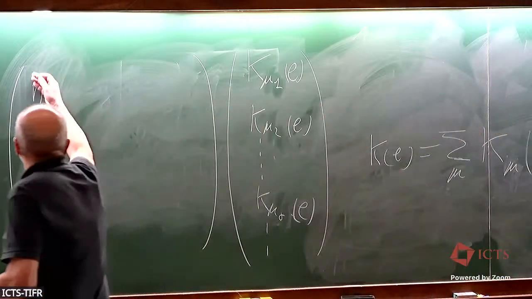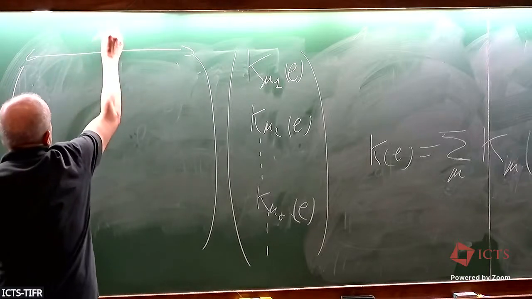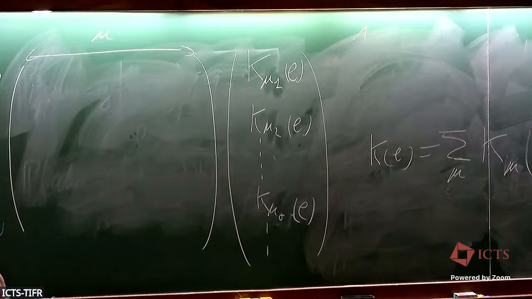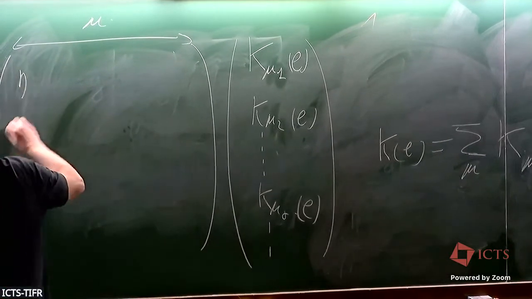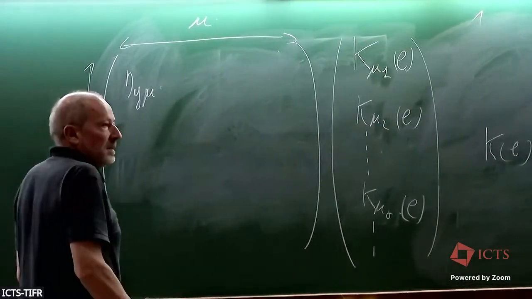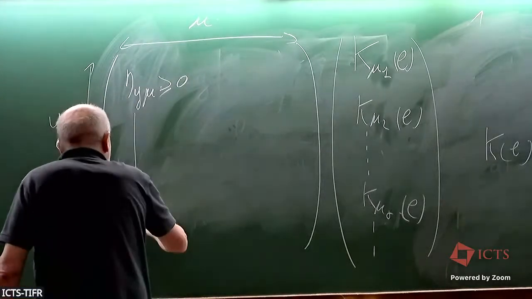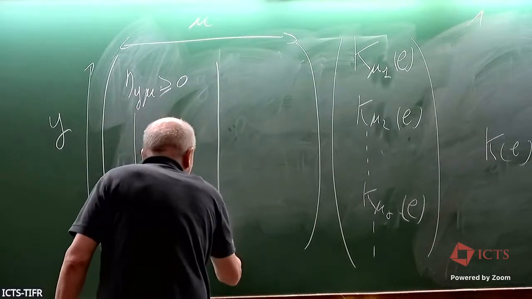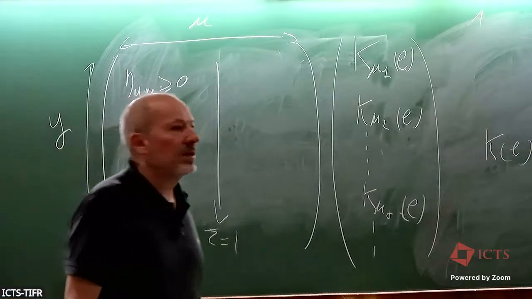And here I have a matrix where here I have mu, and here I have y, as dimension. And here I have elements which are eta of y and mu. These elements are positive, and when I take the sum, it is 1. The sum of each column is 1. Okay?